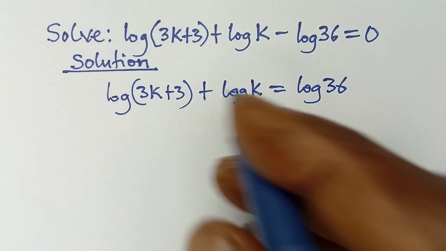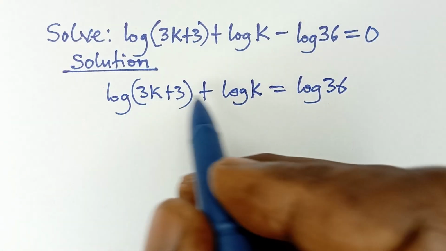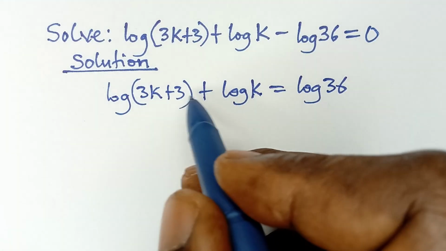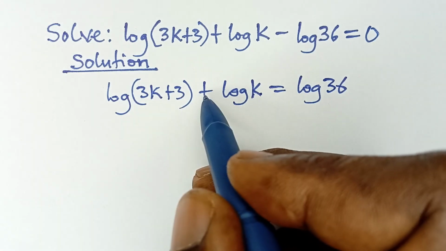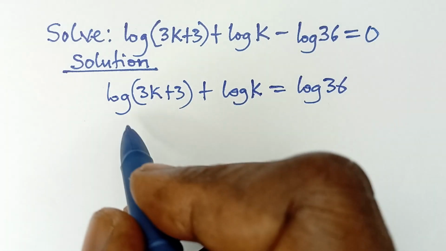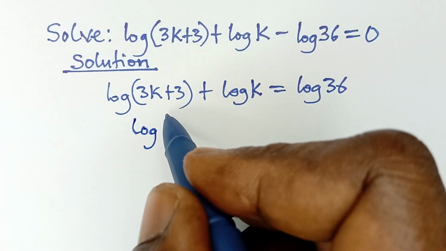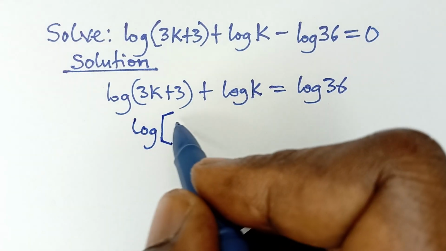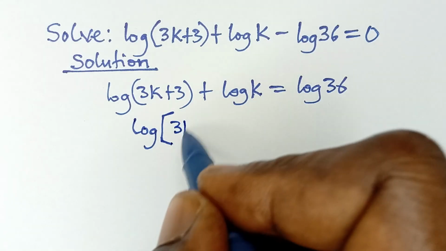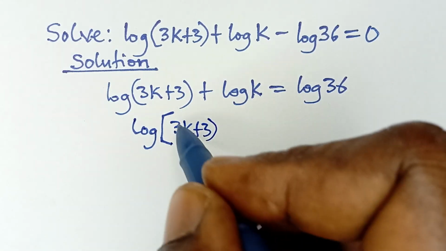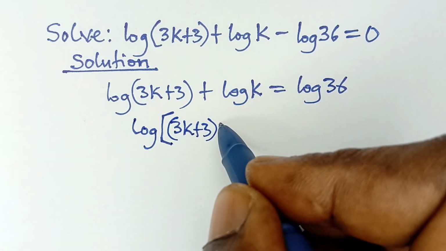So now, the next thing for us to do, there's a rule of logarithm that says when you have two terms in log adding to each other, we can simply take the log of the multiplied terms. So it becomes (3k + 3) all multiplied by k.